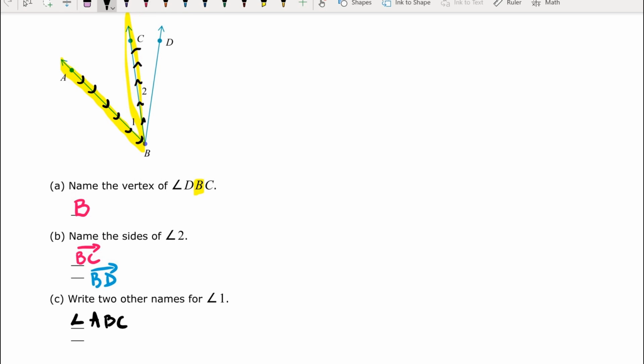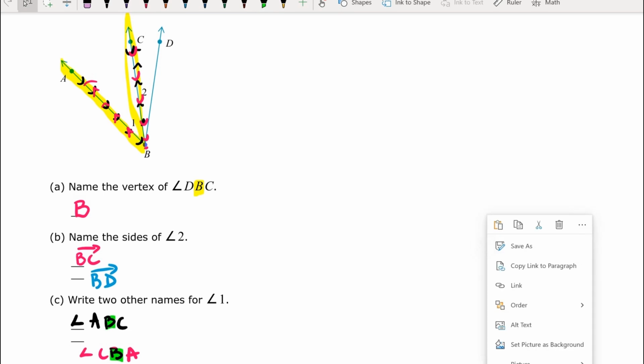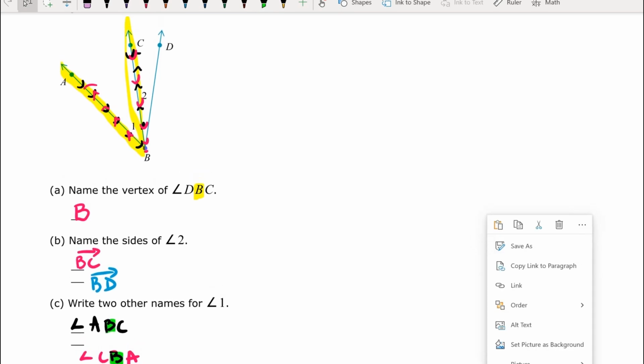Or you can go in the reverse, angle CBA. As I mentioned earlier, the vertex is always the middle letter of the angle. And that's it. I think that is around 20 minutes already, so I'm going to pause the video right here. See you on the next video, guys.